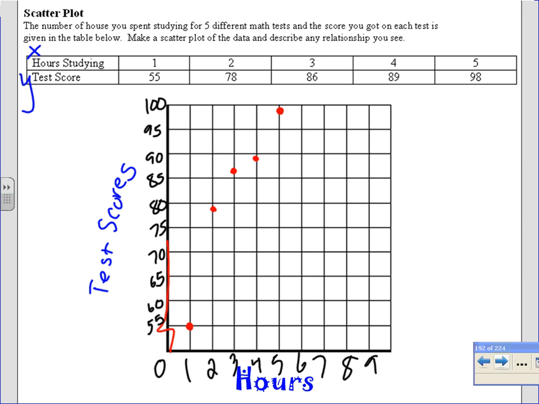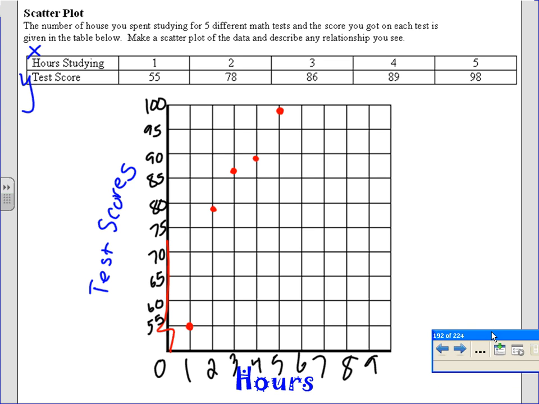Doesn't mean it's going to work for every single person and for every single test you take. Everyone's different. But according to this data, there's a positive correlation, which means there's a positive relationship between the amount of hours you study and what you earn on a test score, which is why it's going up from left to right.